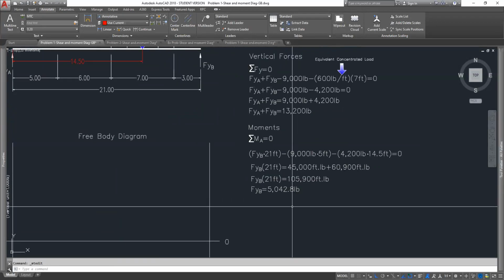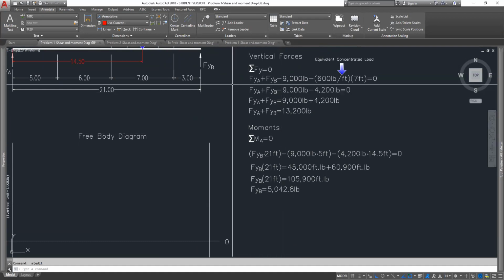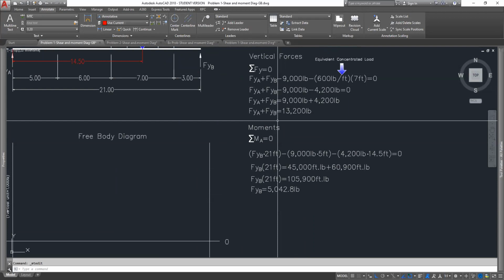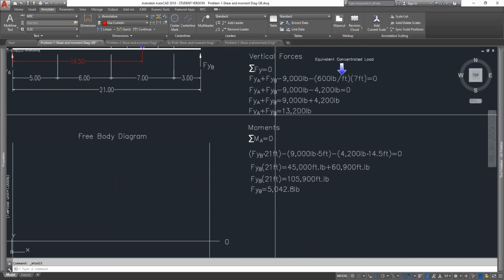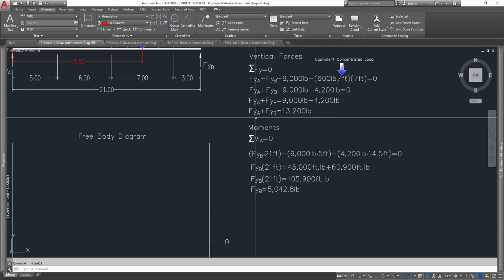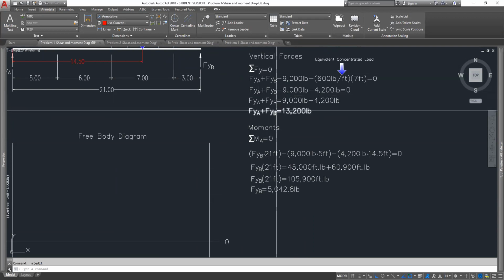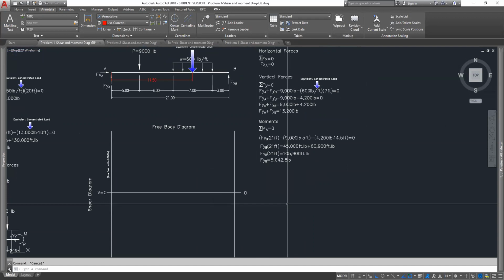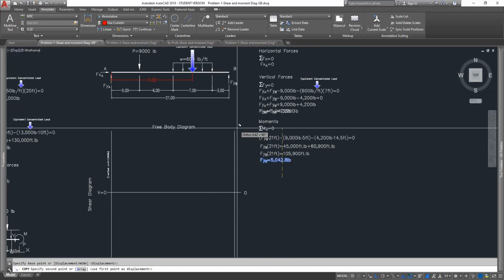Everyone got that? All right, now guess what? Let's go back to our first equation. We just solved for FYB, so now we're only left with one variable, and now we can solve this one without any problems. I'm going to copy this up to here.